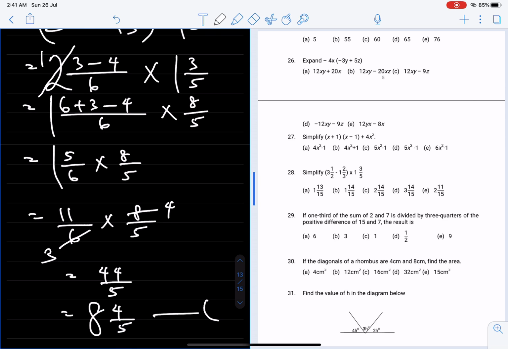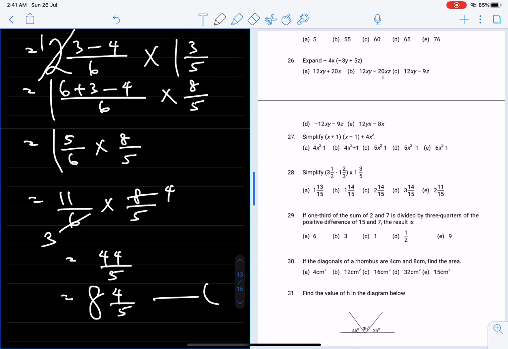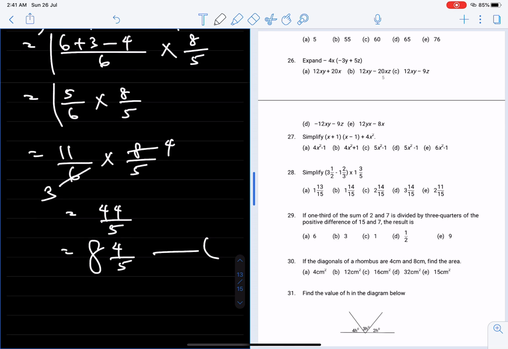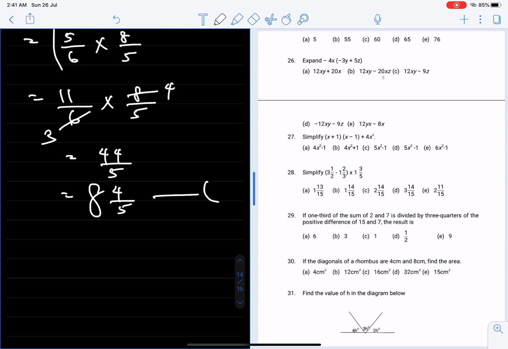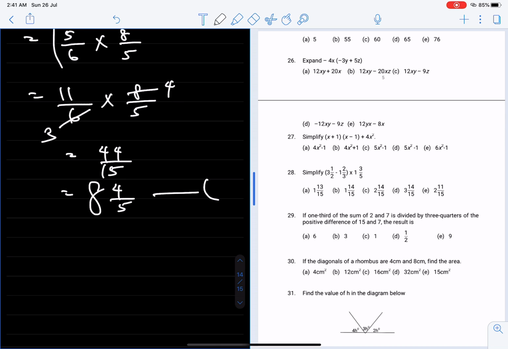I'm trying to check to be sure there's no error in the question. And that's 11 over 6 times 4 over 5, which is 44 over, oh, sorry about that. That's supposed to be 44 over 15 and not 44 over 5. So 15 in 44 is 2, 15 times 2 is 30, and that's 14 whole number.